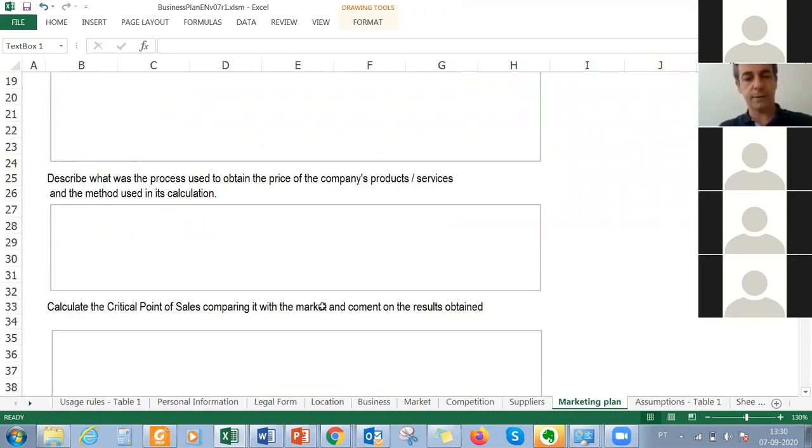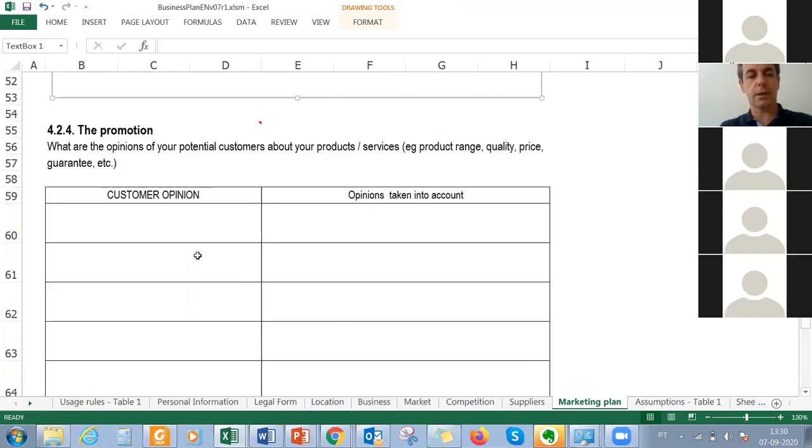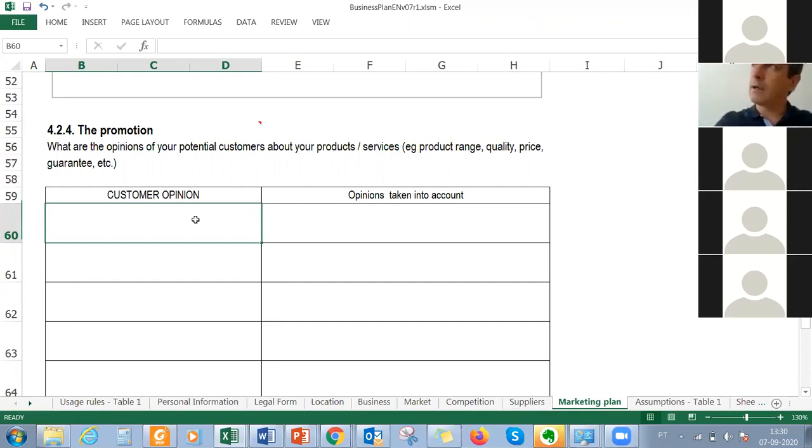So there are different elements about where you are going to distribute, and what is the promotion that you are planning? Is it a promotion in wide TV spots, or is it a promotion in your local conditions? So these are options that you have to select for promotion.